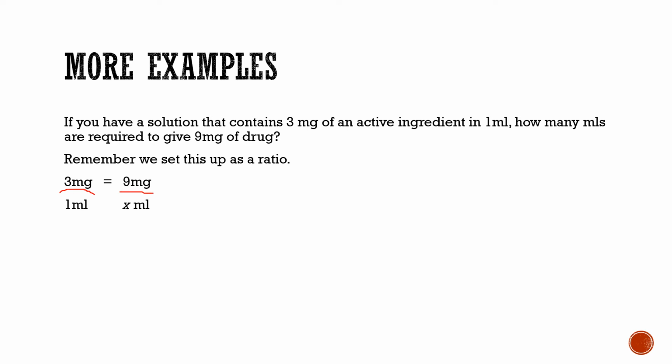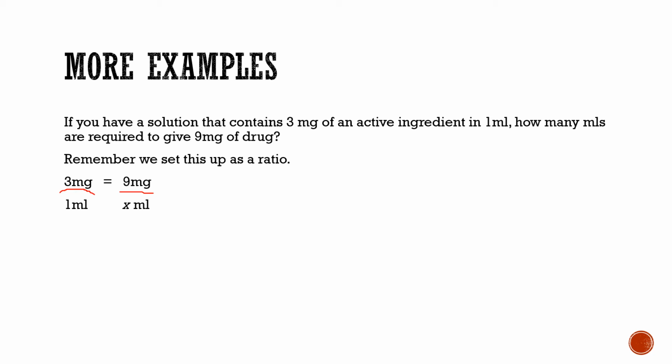It's off a different worksheet. If you have a solution that contains 3 milligrams of an active ingredient in 3 mils, how many mils are required to give 9 milligrams of the drug? It's just a different way of looking at drug calculations, so they're not all super intimidating.